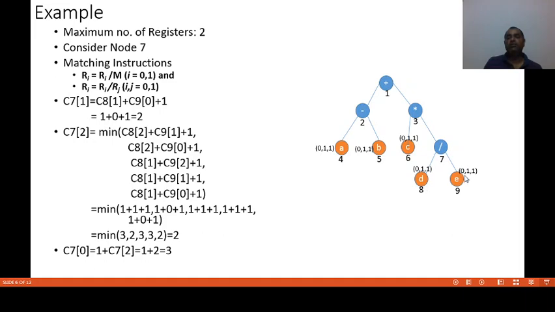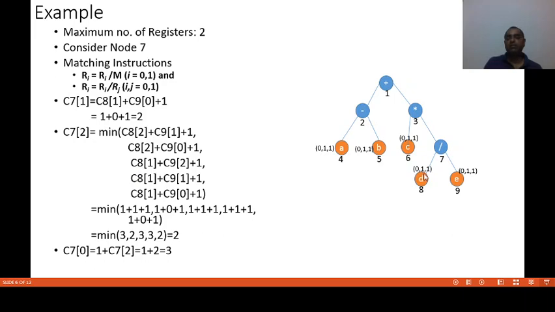That R1 can be used for node 9. That's why it is written C82, using 2 registers, plus C91. The register which becomes free can be used here, so it uses 1 register, plus 1, the store cost. Or it can be C82, using 2 registers to evaluate this node, plus C90, using 0 registers to evaluate this node, plus 1, the cost of storing the result.